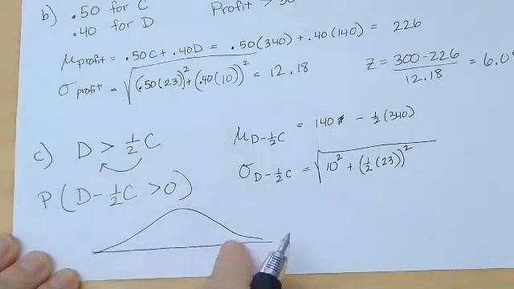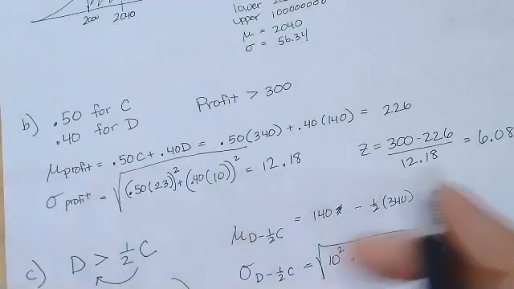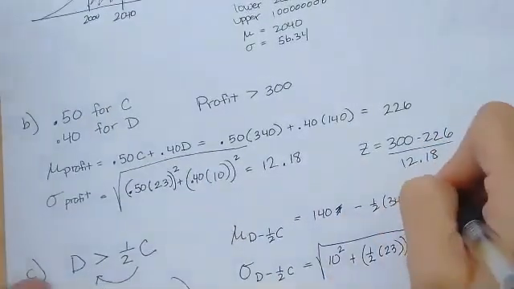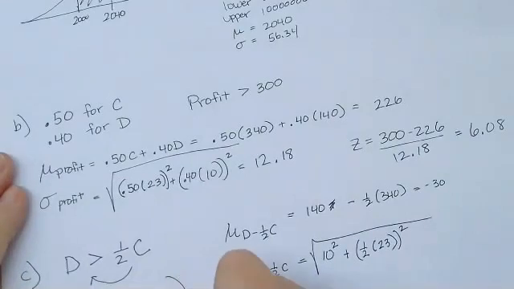So I don't know where 0 is going to come in here. This is 140 minus 0.5 times 340. The mean is negative 30. So our mean here is negative 30. So 0 is somewhere out here.